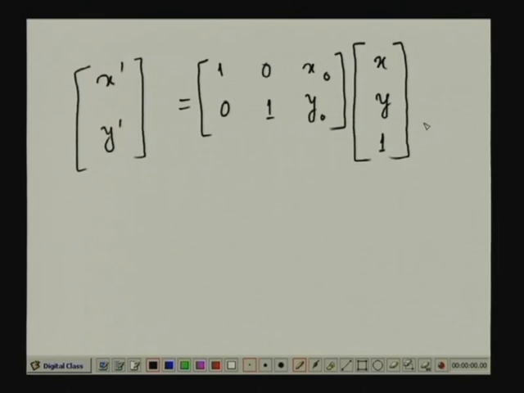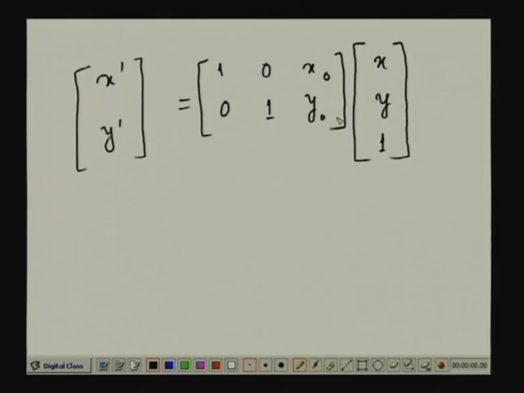If I do this matrix computation, x prime will be x plus 0 plus x naught, which is nothing but x plus x naught. Similarly, y prime will be 0 plus y plus y naught, which is nothing but y plus y naught.